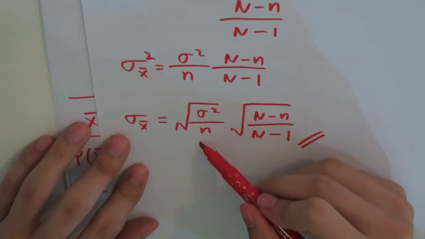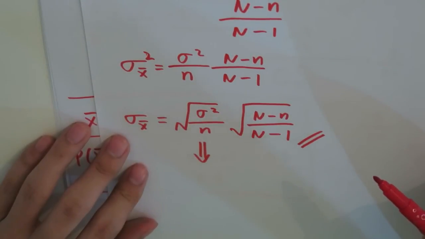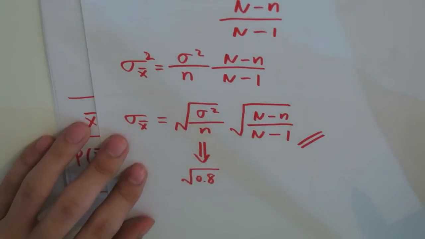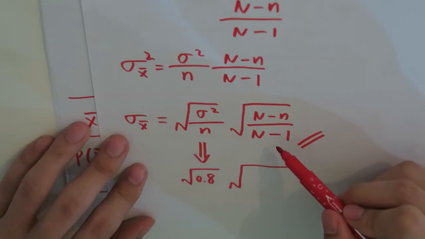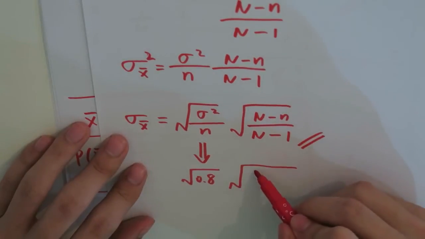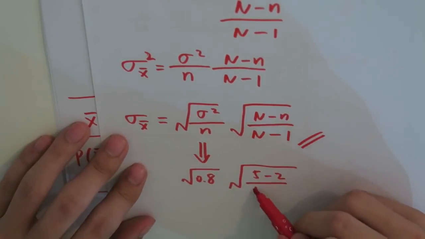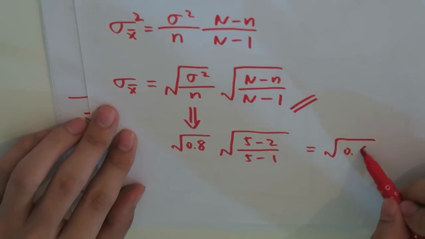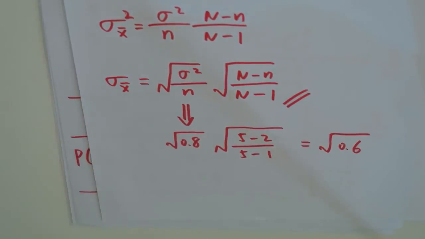This part is the old standard error, it's actually the square root of 0.8, and this part is the correction factor, so it's 5 minus 2 over 5 minus 1. Overall, we'll get the square root of 0.6.